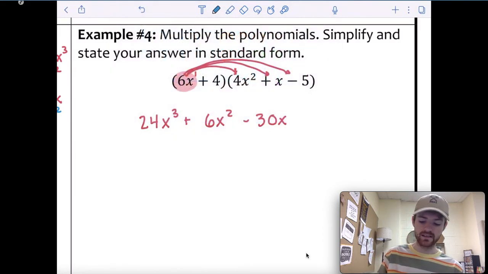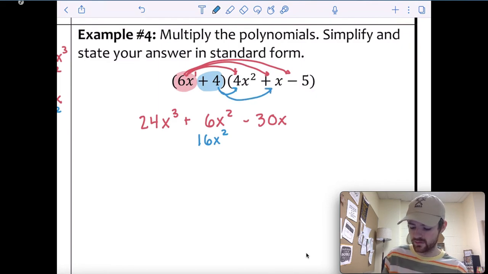Finish up with that last distribution of positive 4. 4 times 4x squared, well, that's going to give me 16x squared. Then I'm going to do 4 times x, giving me 4x.